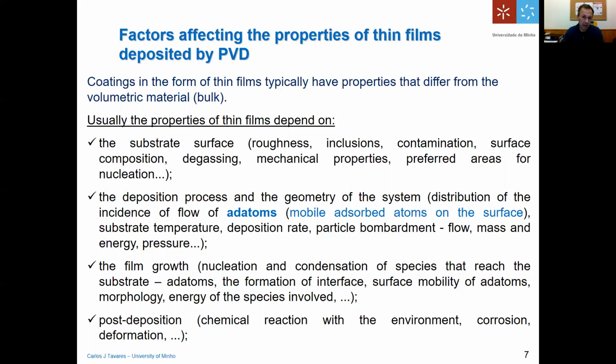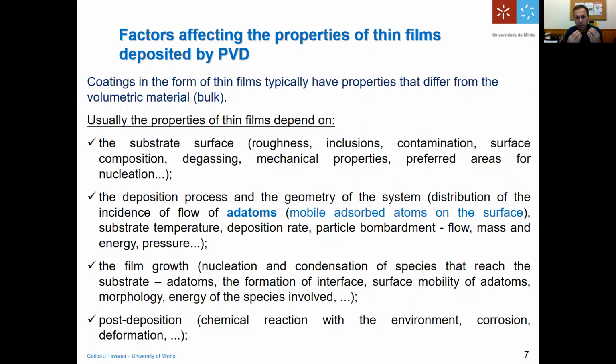For example, in a physical or a vapor method, and they will be deposited onto the substrate. So you have to think about the geometry, the design of your system, so that you have precise conditions to make the deposition. Film growth, nucleation, condensation of the species that reach the substrate is actually very important.